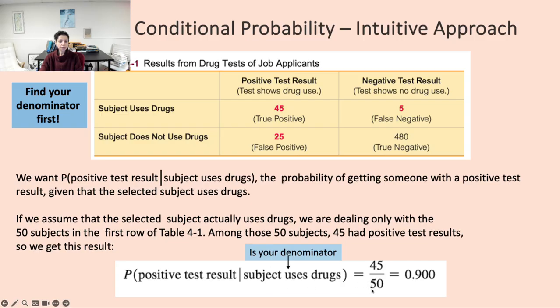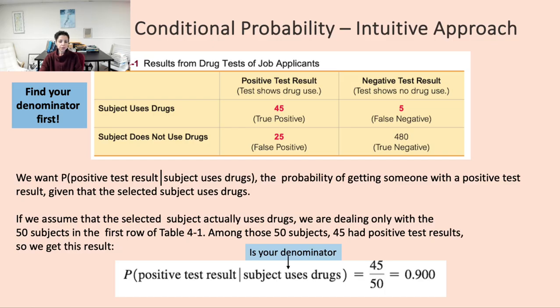So how many subjects actually use drugs? And what we want to know is, out of those subjects, what's the probability that somebody actually tests positive? So the only group that tests positive and uses drugs is 45. And so we can put that number in the numerator.